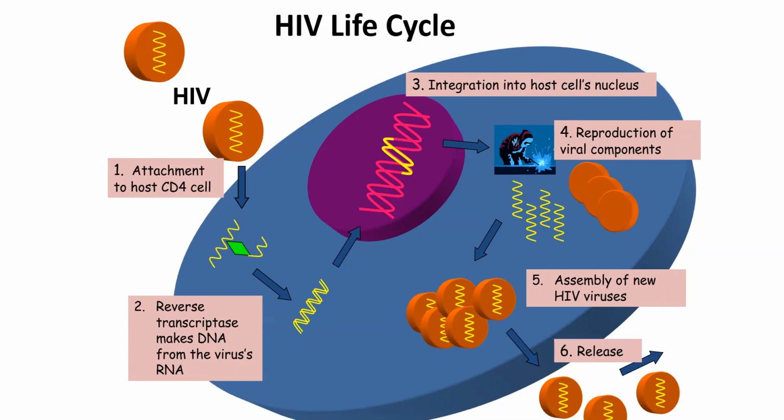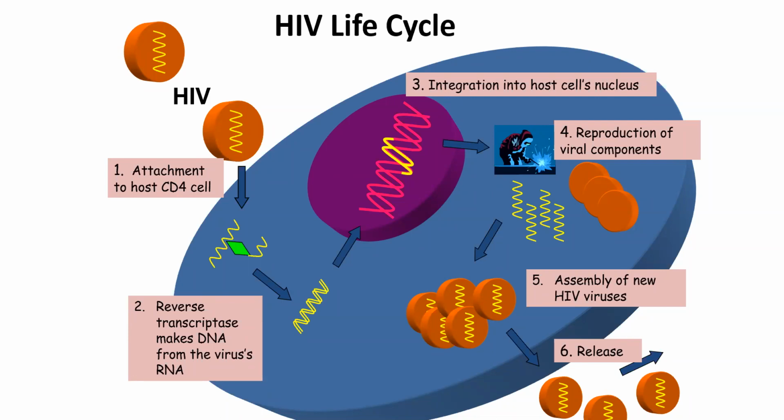Please don't memorize this if you're not really medical, but just understand that for the virus to multiply, that's the process from attachment. It changes to DNA by an enzyme called reverse transcriptase. Then it is integrated into the host cell by the integrase enzyme.